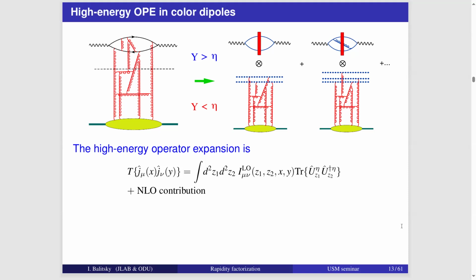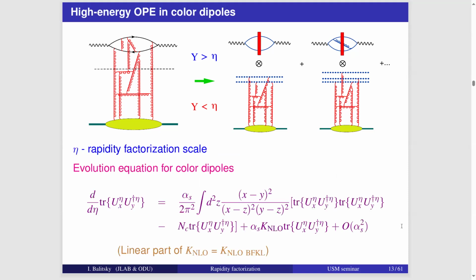So the high-energy operator expansion looks like that: the product of these two currents is an integral over transverse momentum, d²x1 and d²x2, the result of calculation of these simple diagrams, which is called the impact factor, times the trace of two Wilson lines. And in principle, plus an analogous contribution, which I will be talking about later a little bit.